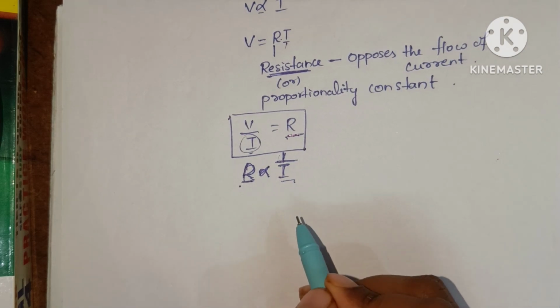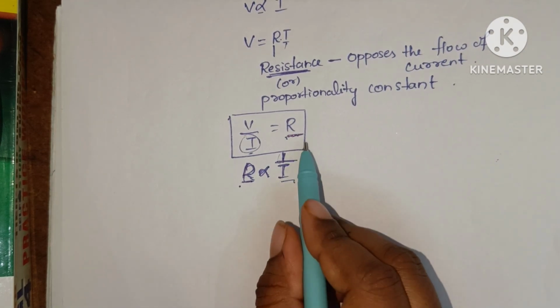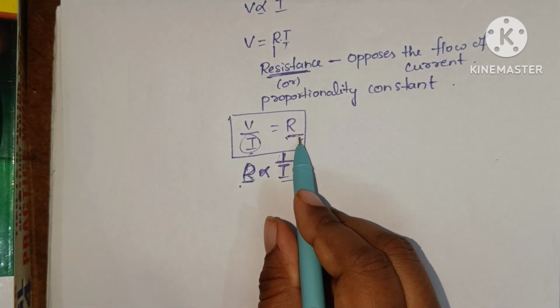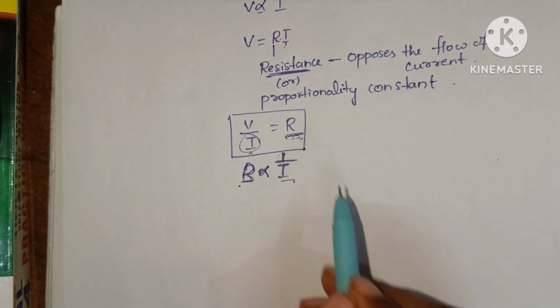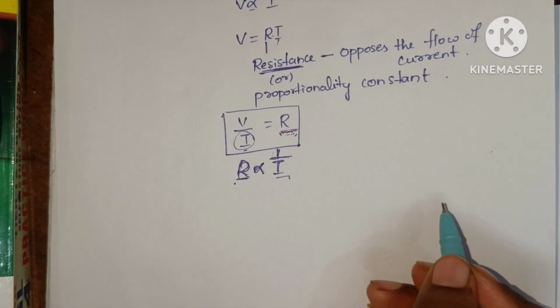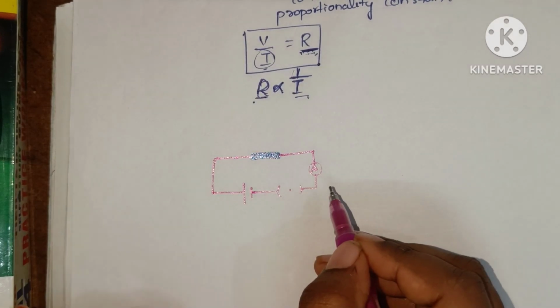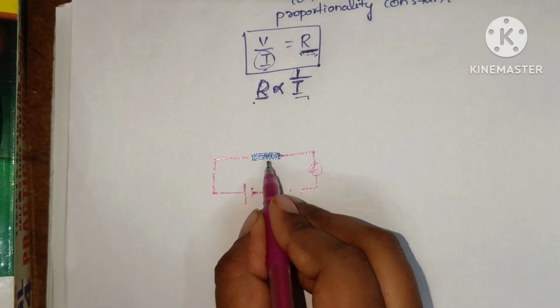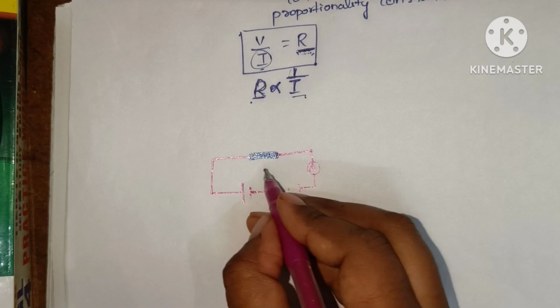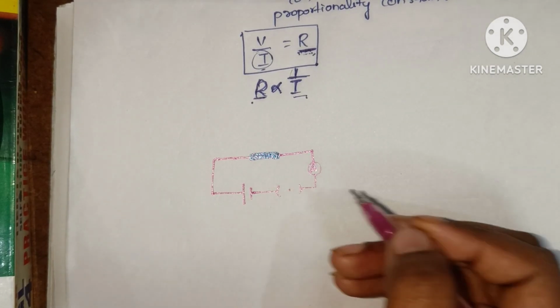In your textbook you have one activity. With the help of that activity you can easily understand how resistance is constant. Okay, let us go to the topic. Here I drew one circuit and added one nichrome wire in the place of the bulb.